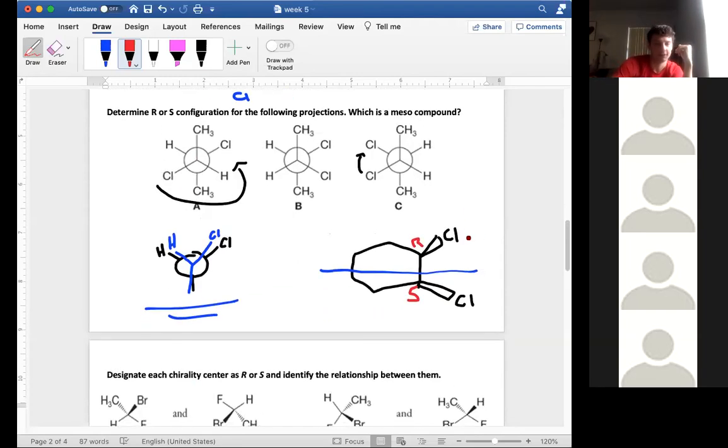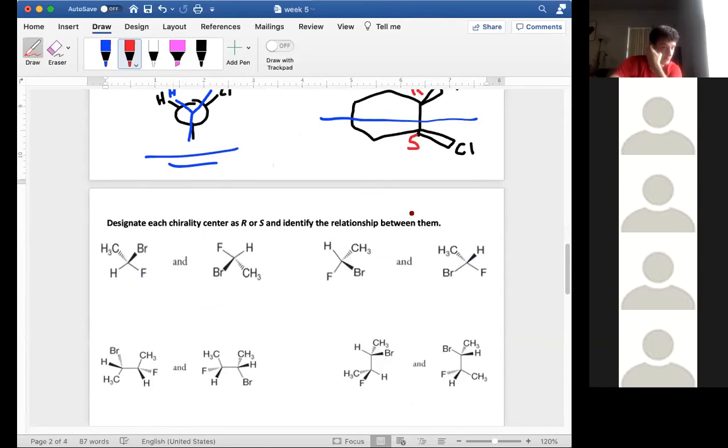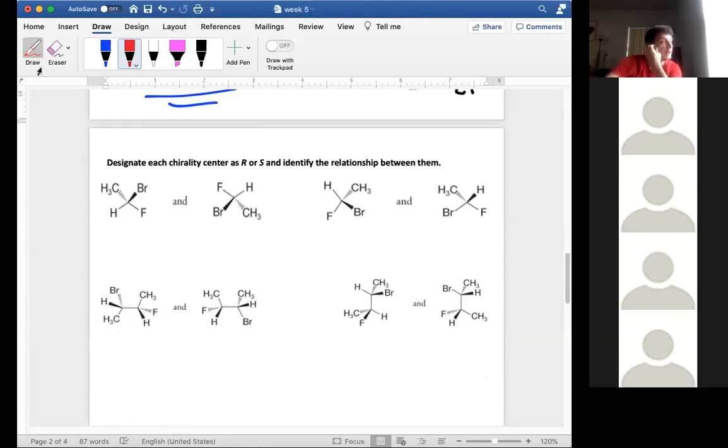All right, so relationships. Just to make it easier on you guys, you so badly overthink enantiomers and diastereomers. You have to have two chiral carbons in order to be a diastereomer, first and foremost, right?